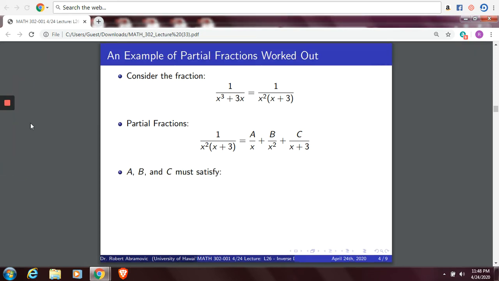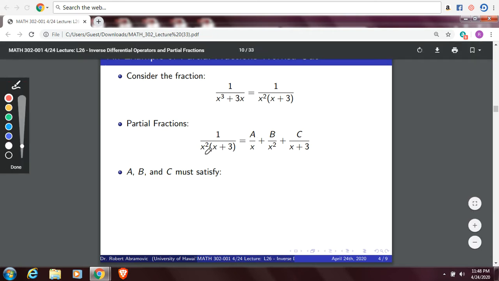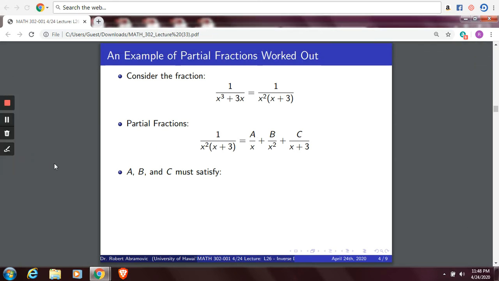a, b, and c, if you add all these up with a common denominator of x squared times x plus 3, what do you get? a times x plus 3.